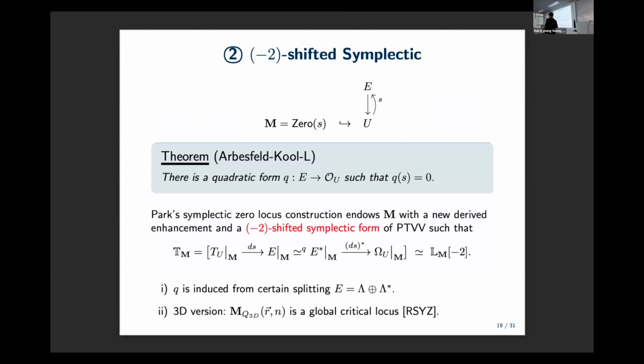Symmetric obstruction theory usually happens for moduli of sheaves on Calabi-Yau 3-folds. But for the moduli space of sheaves on Calabi-Yau 2-folds, what I said here is what always happens locally. So on some open subset, your moduli space is always of this shape.